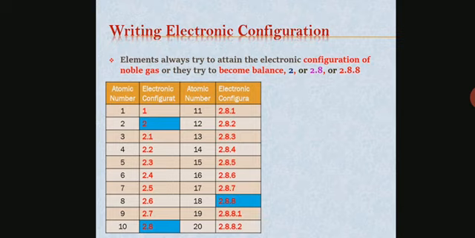So by writing the electronic configuration, we can find the position of elements in the modern periodic table. As I have said, the number of orbits will determine the period. Like if atomic number is 11, electronic configuration is 2.8.1, there are 3 orbits.